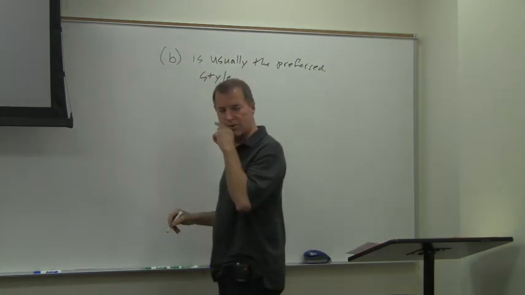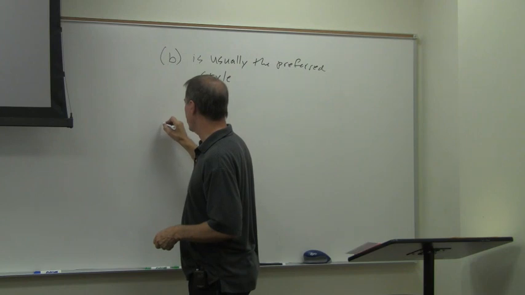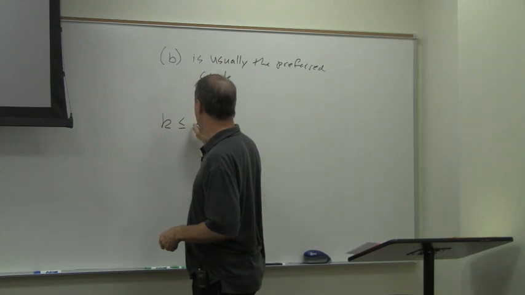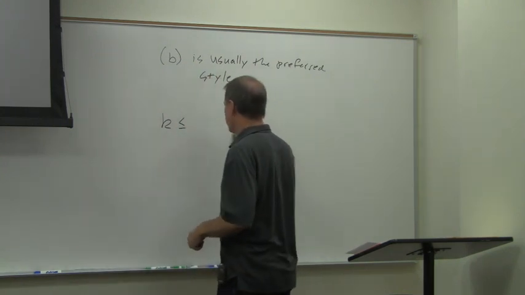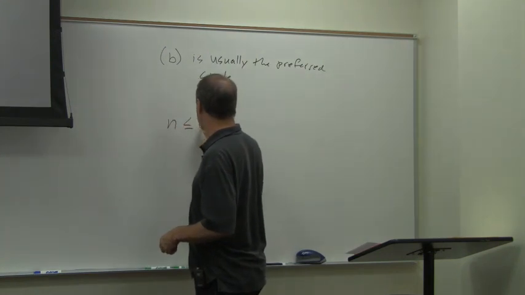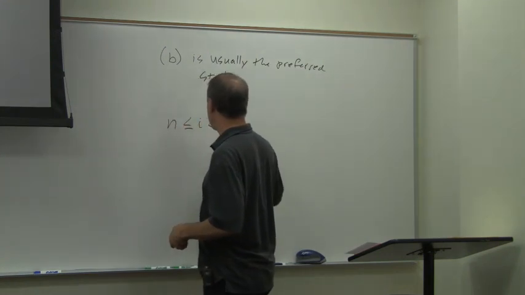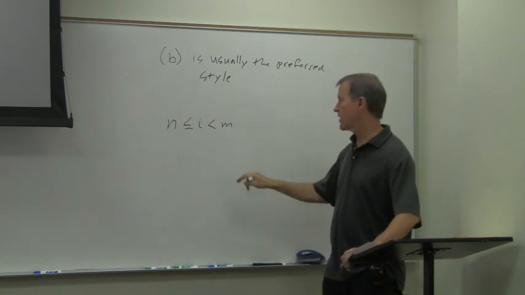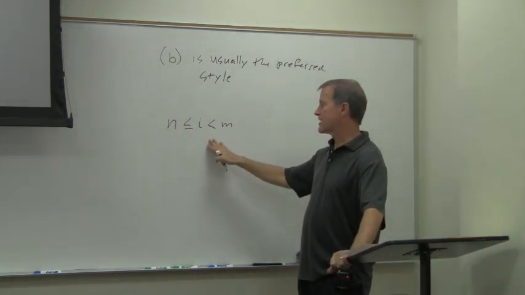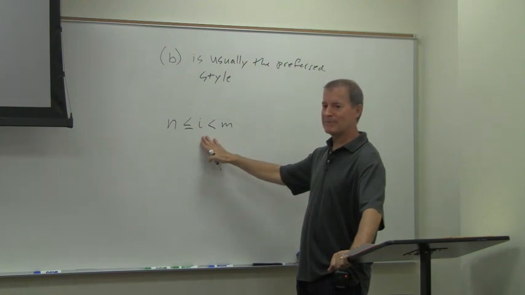Here's why. Suppose you have N less than or equal to I less than M. My question is, how many values are there?